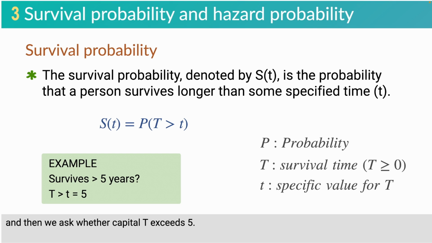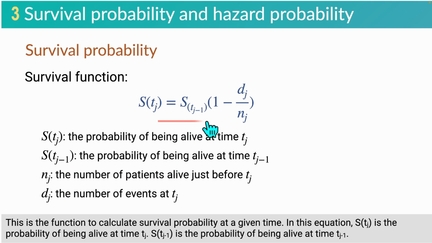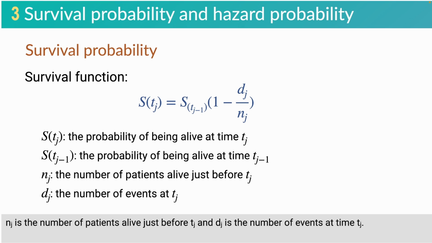And then we ask whether capital T exceeds 5. This is the function to calculate survival probability at a given time. In this equation, S(tj) is the probability of being alive at time tj. S(tj-1) is the probability of being alive at time tj-1. nj is the number of patients alive just before tj, and dj is the number of events at time tj.